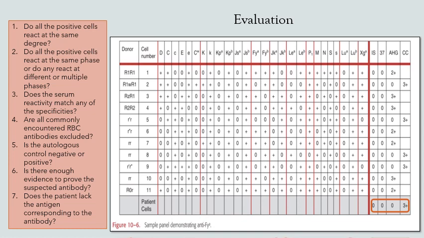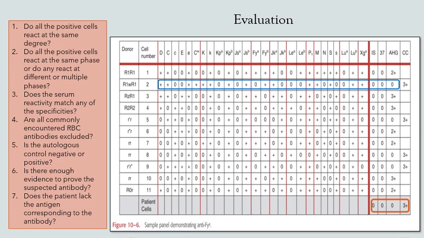Now, we will do ruling out. We will rule out the RBCs that gave a negative reaction in all the phases because maybe these antigens are not the target of the antibody. So in cell number 2, since these phases are negative, we will exclude all the antigens with a positive reaction.